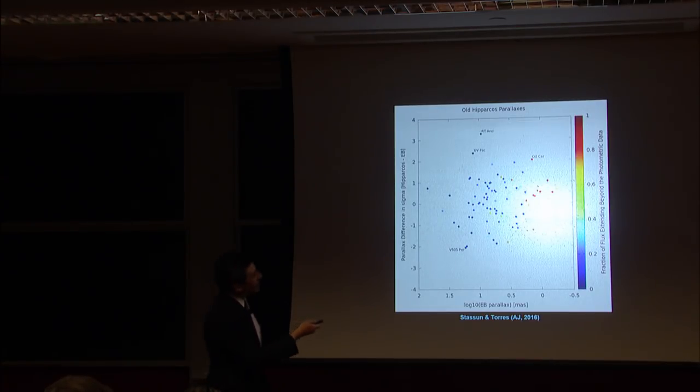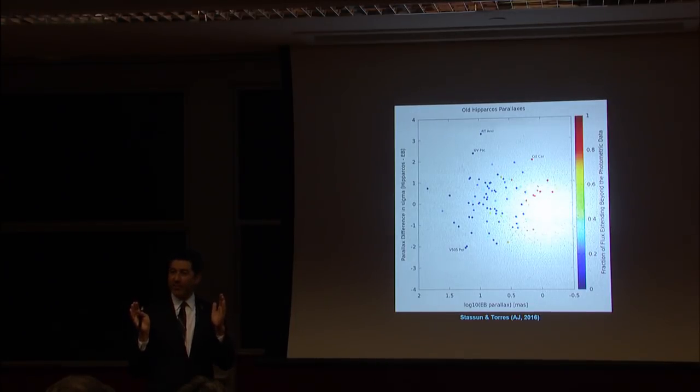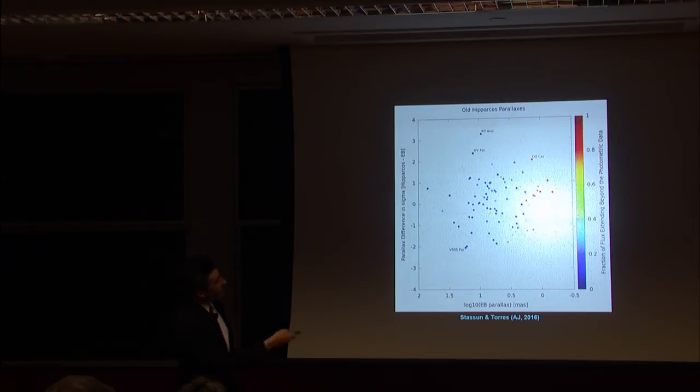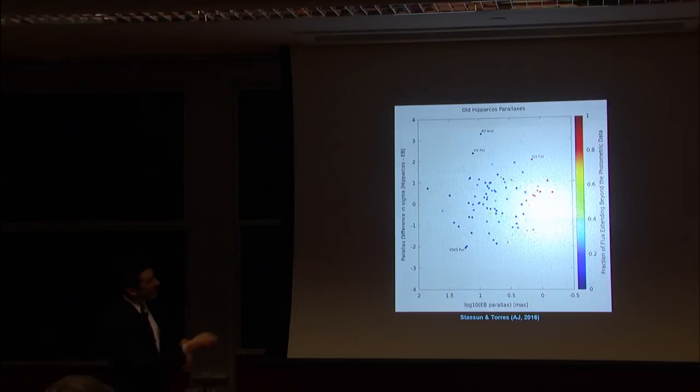What really impressed me is the color coding here is the fraction of the bolometric flux that is from beyond the span of the observed flux measurements. So we have some cases of hot distant stars where even with GALEX, 90% of the flux is coming out blueward of the most blue flux measurement that you have, and yet everything works out.